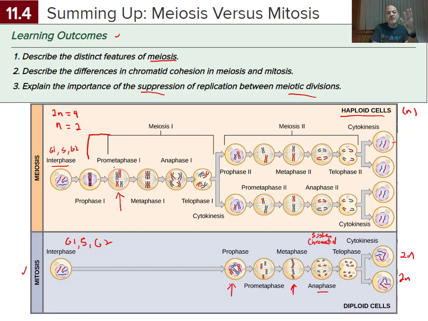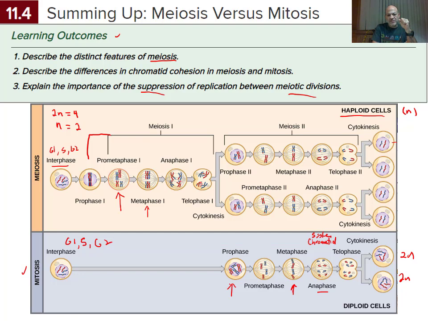If we follow what our book shows in the written description, the homologous pairs should still be paired up. And then they do line up at the metaphase plate in metaphase 1, except they are lining up in their synaptonemal complexes. They're lined up as tetrads.